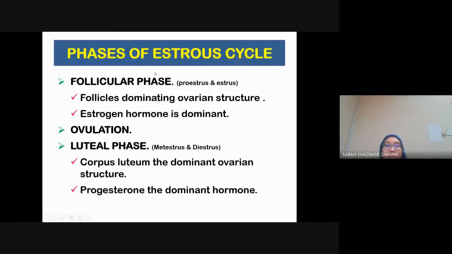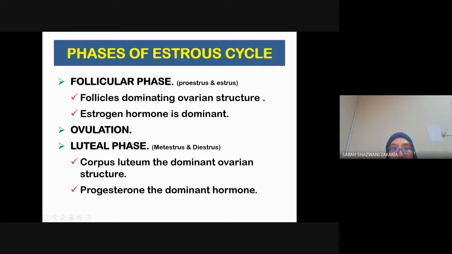These are the phases in the menstrual cycle. Same as the menstrual or ovulatory cycle, we have phases: the follicular phase, ovulation, and the luteal phase. In the bracket here, the follicular phase consists of proestrus and estrus, and the luteal phase of metestrus and diestrus. Under the follicular phase, follicles dominate the ovarian structure.